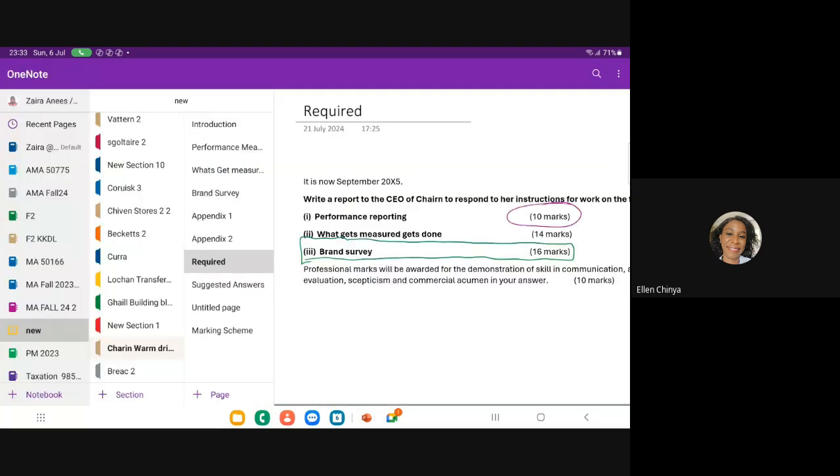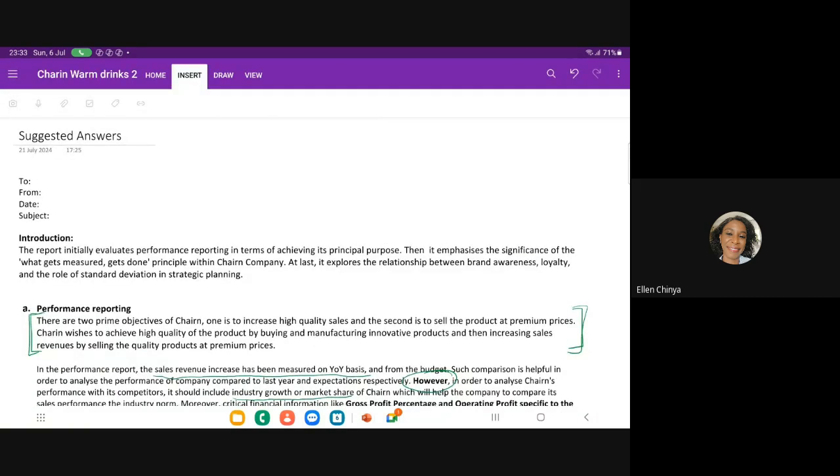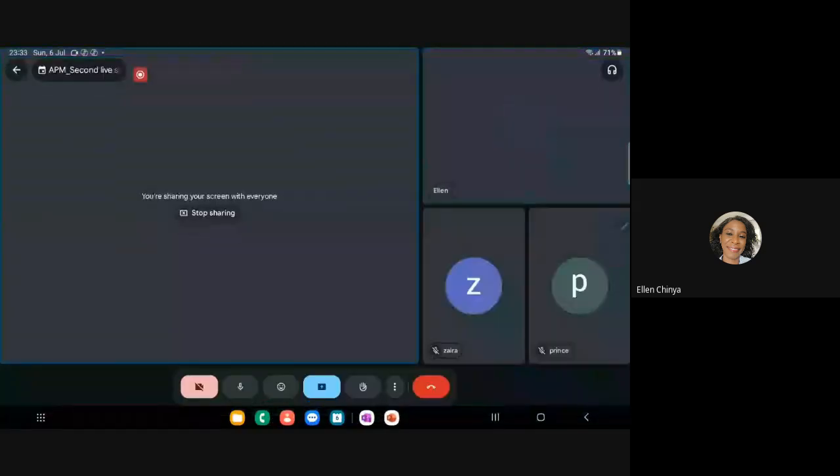And one thing, I'm just taking the last 5 minutes. Whenever you start with section A, just remember my words, irrespective of whatever is required.